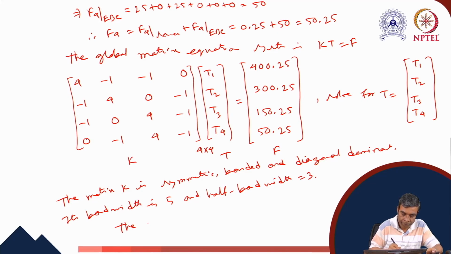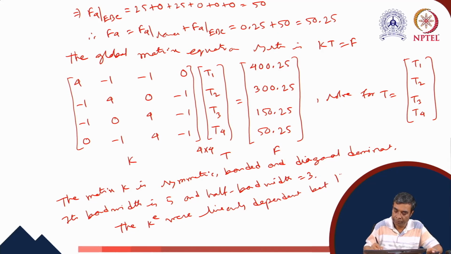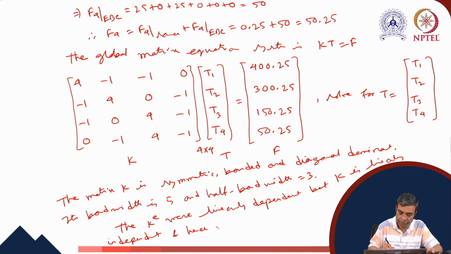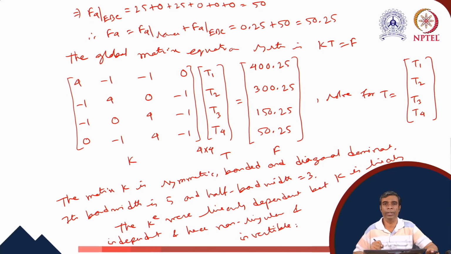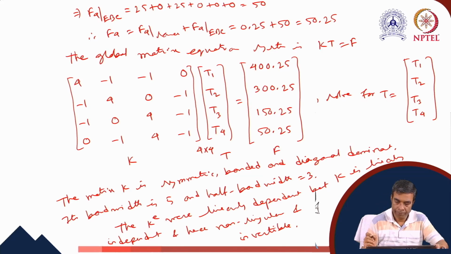The KE were linearly dependent, but K is linearly independent and hence non-singular and invertible. So we can use direct or iterative solvers and then we can find the temperatures for this problem.